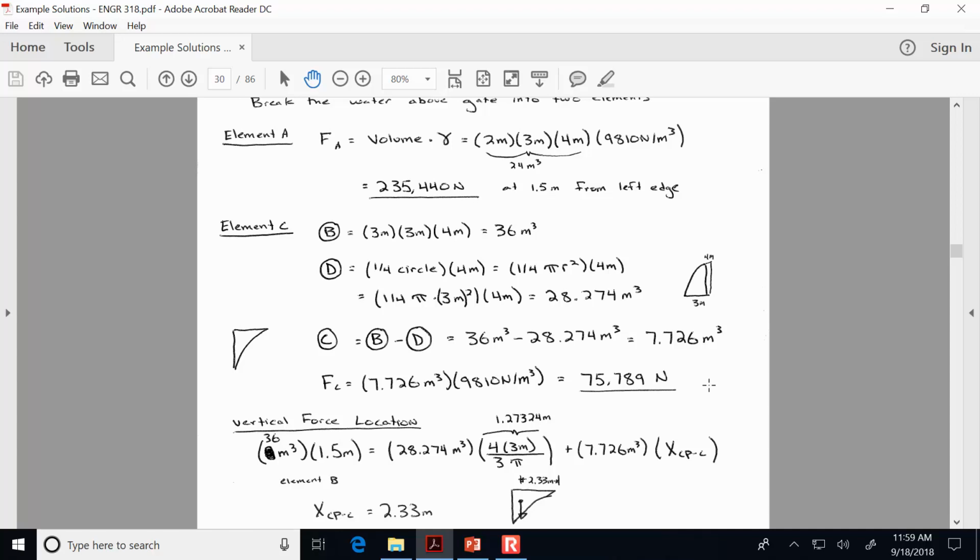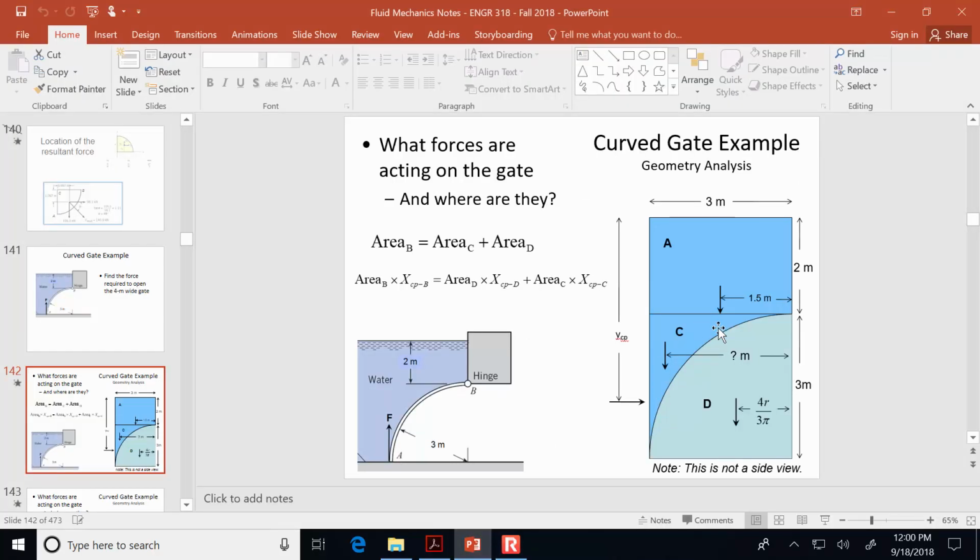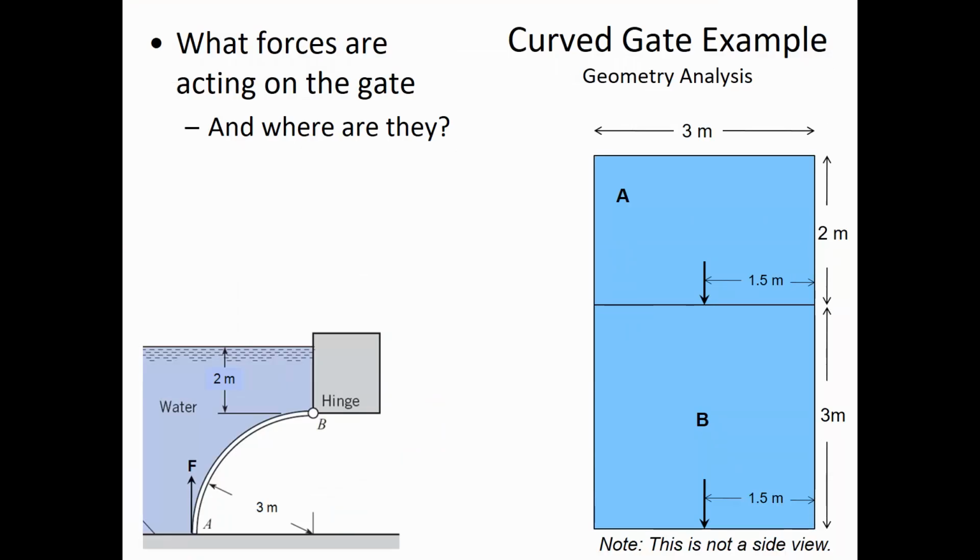You have to prove to yourself that if you want to find the location of that small piece immediately above the gate, this element C, the best way I've been able to describe it is to consider the overall box B and then the components that would make it.